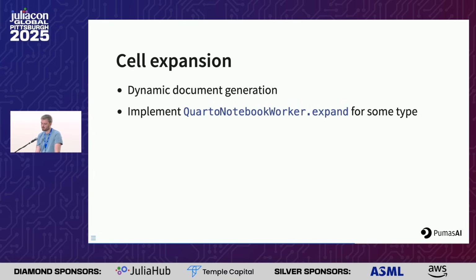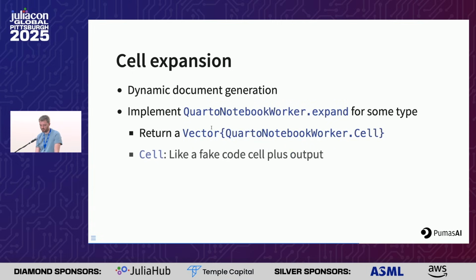The way it works is that you overload the QuartoNotebookWorker expand function for a given type that you have, and return something called a QuartoNotebookWorker cell, or a vector of those. A cell is supposed to be a fake code cell plus its output, as if you had written some code and that code had returned some output.